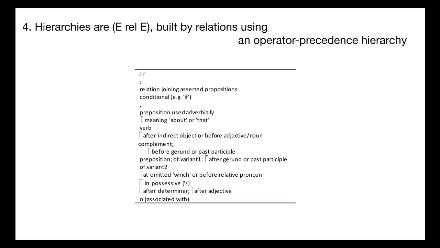I was amazed that you can just write an operator precedence hierarchy. So that's just another table. And you can sort of see things like this guy who comes after the are pretty low down. You almost always build over him into something bigger. Whereas things like periods and question marks, you almost don't, well, you don't. And then other guys are in between.